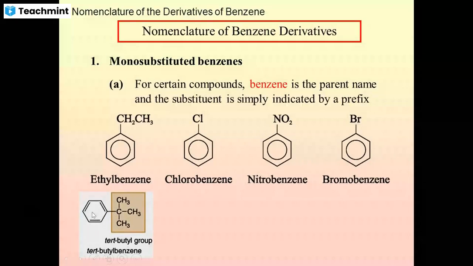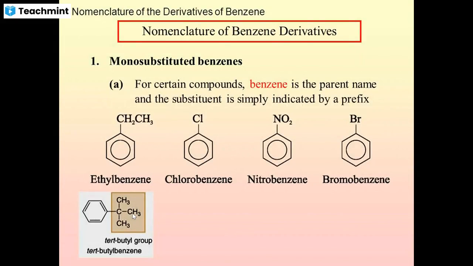Benzene is the parent compound and the tert-butyl group is the substituent present on it, so simply we can give the prefix. In this way you can name any monosubstituted benzene. If it is monosubstituted, we have to use a prefix for whatever substituent is there. This is regarding monosubstituted benzene.